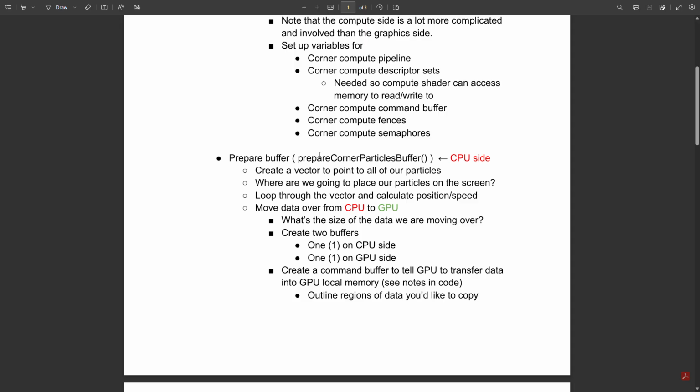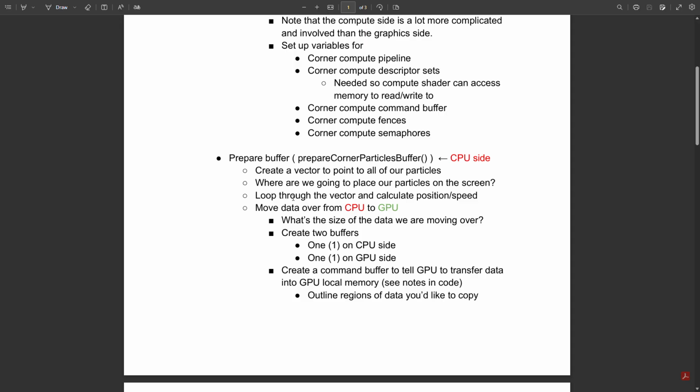So we have to prepare a corner particles buffer function. This is CPU side. Create a vector to hold all of our particles. That's pretty straightforward. Where are you going to place our particles on the screen? So we need some position instructions. We're saying, okay, we want our particles up here.